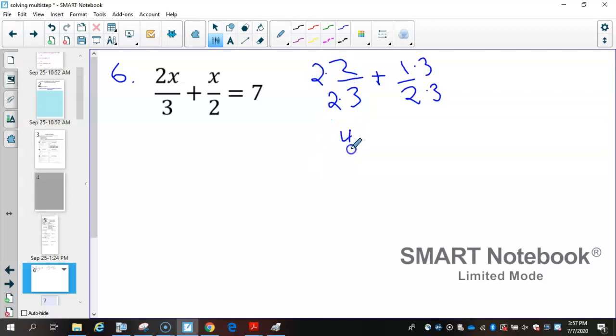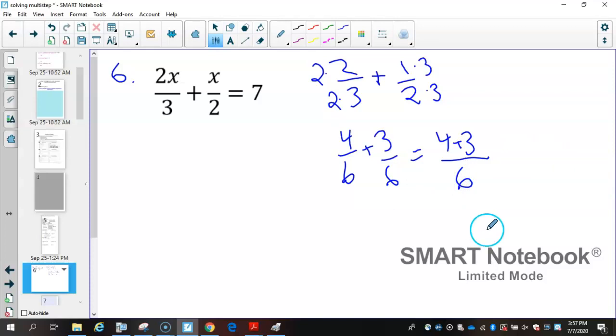This changes this to 4 over 6, changes the fractions, sorry, to 3 over 6. When you have the same denominator, you can combine these two numerators and put them over the same denominator.